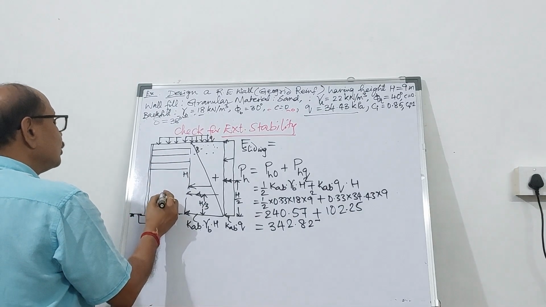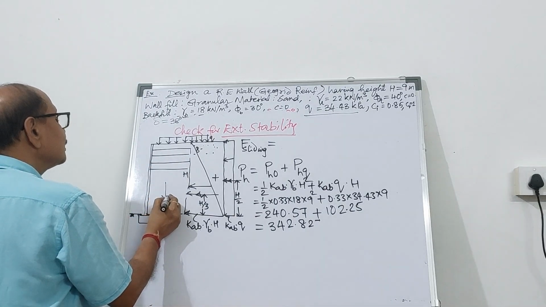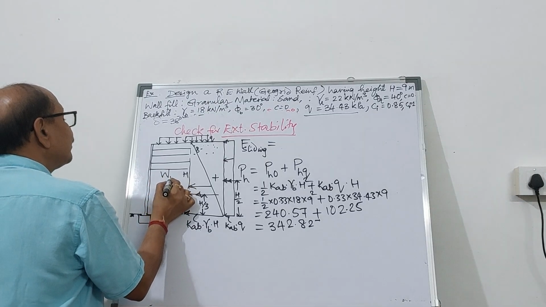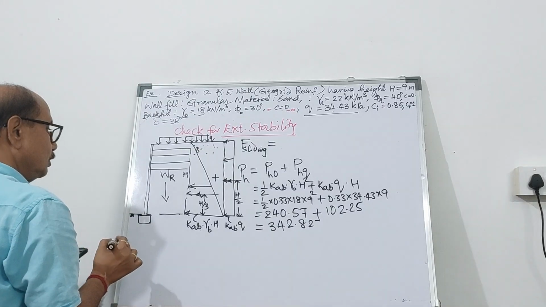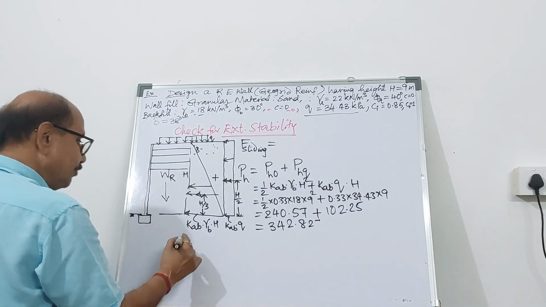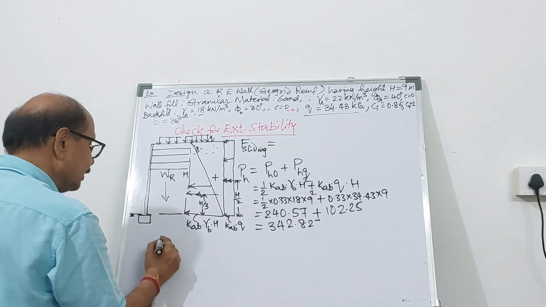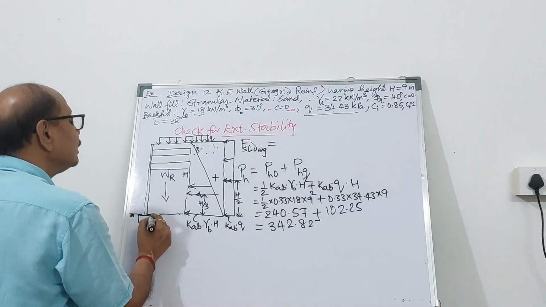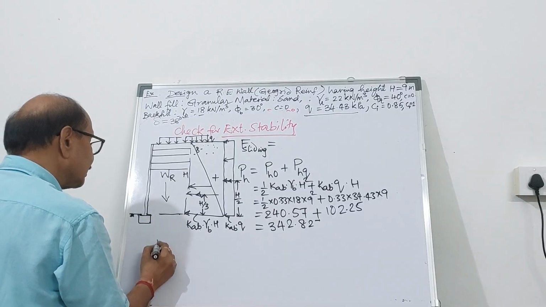So what is the total vertical force here at its CG? This is the weight of the reinforced zone multiplied by tan delta will give you the resisting force Fr.